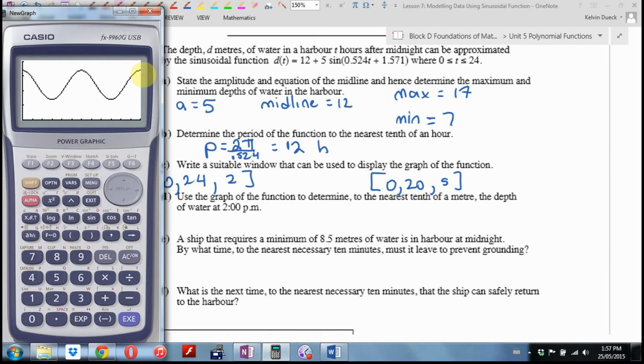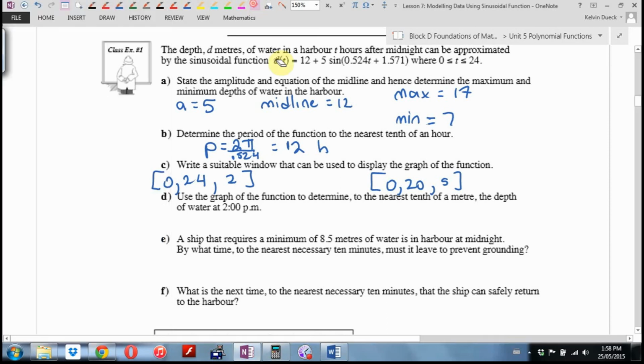What letter is sitting where the y is? The original equation at the top of the page that they gave me. What letter is sitting where the y normally does? No, in front of it. D. What does D stand for?